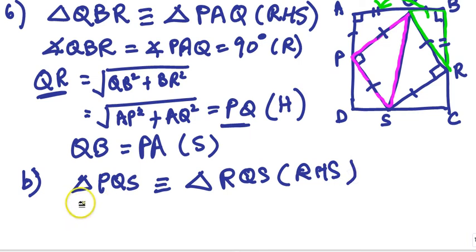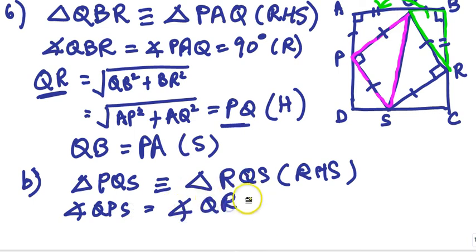Let's show very quickly. We're trying to show the right angle. So the right angle is angle QPS, which is equal to angle QRS, equal to 90 degrees. This is my R.